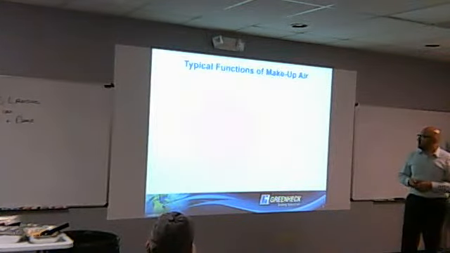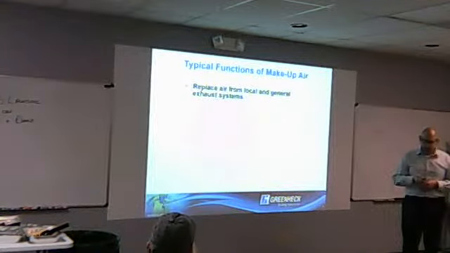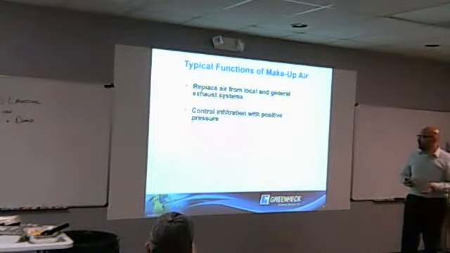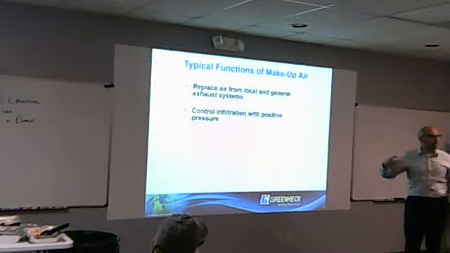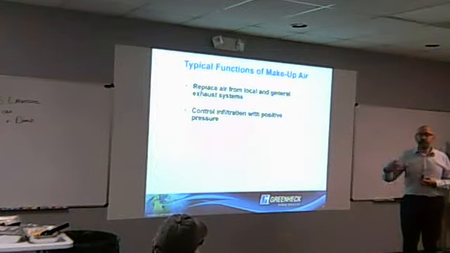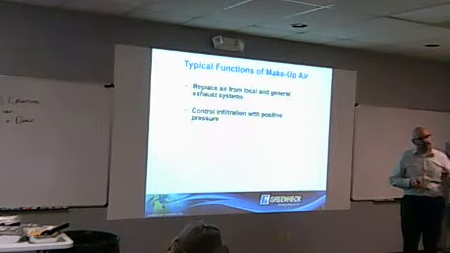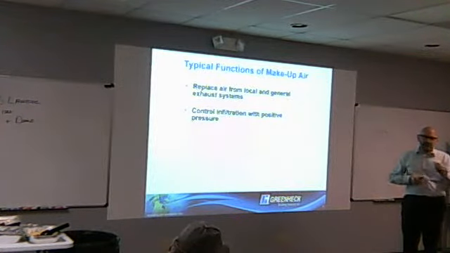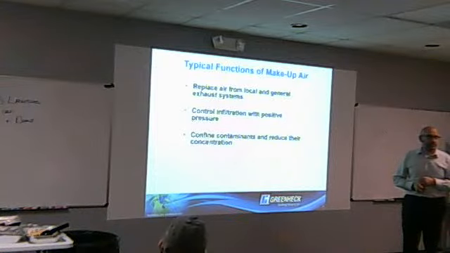In terms of functions of makeup air, we want to replace the air from local and general exhaust, which I just mentioned. We want to control infiltration with positive pressure. If a building ever became too negative, you'd be pulling in contaminants from the outside, maybe cold air, dust, dirt. So a building always wants to maintain slightly positive pressure. If you don't keep it slightly positive, all the engineering goes out the window.